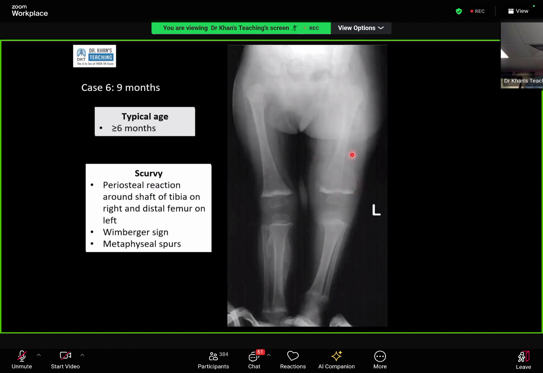Periosteal reaction will occur, this will be a subperiosteal bone reaction, and it can happen within days, like this. And if you see here, this is the Wimberger sign, and there are other signs of scurvy also. So these can be your pertinent negatives when you are dealing with a case in your exam.